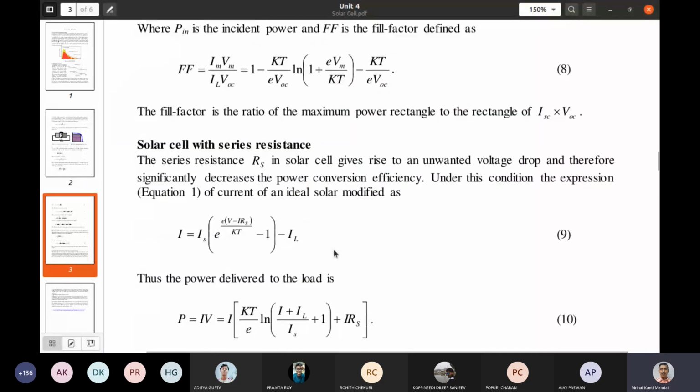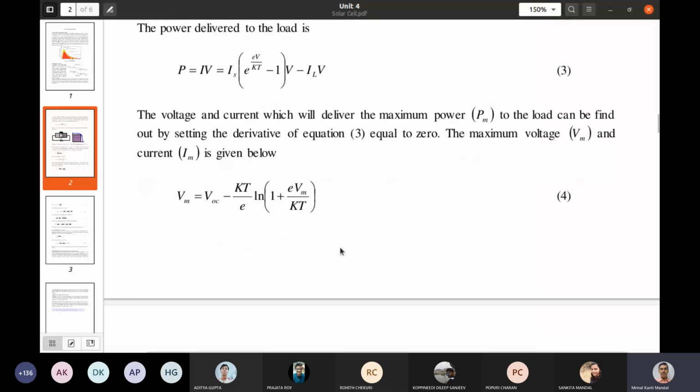Now this is all for the solar cell. We have not considered any external resistance in the solar cell, only the load.